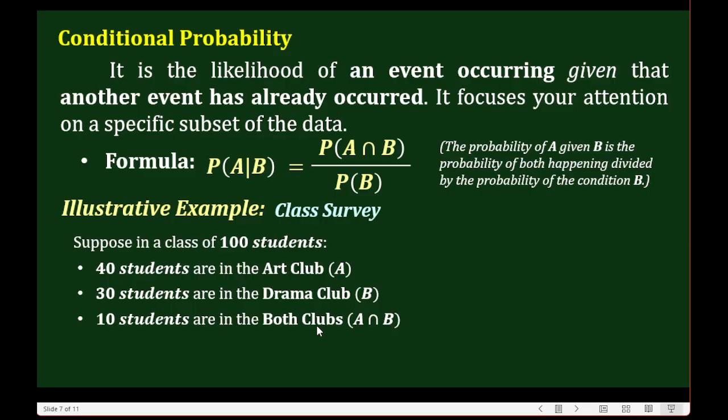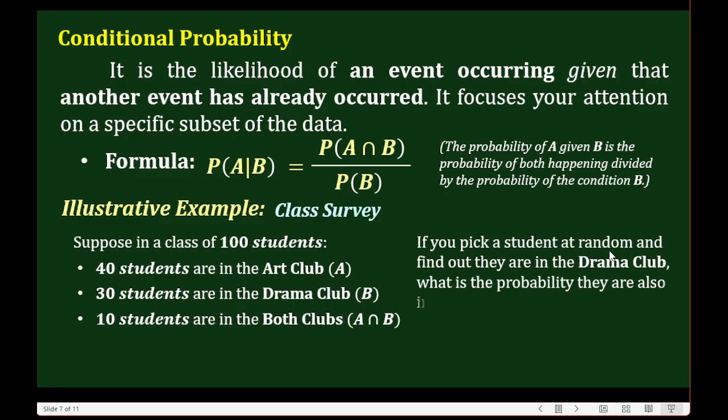Okay, so it means 10 students are involved in both the art and drama clubs. So that is your A intersection B. Now, if you pick a student at random and find out they are in the drama club, what is the probability they are also in the art club?